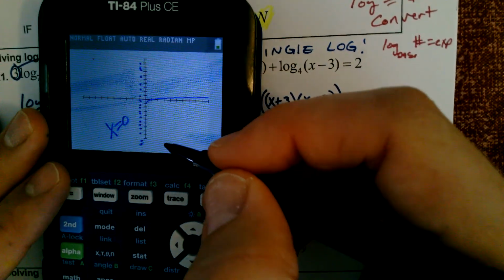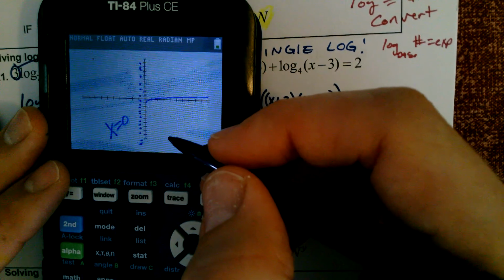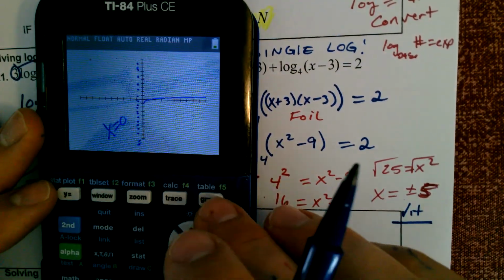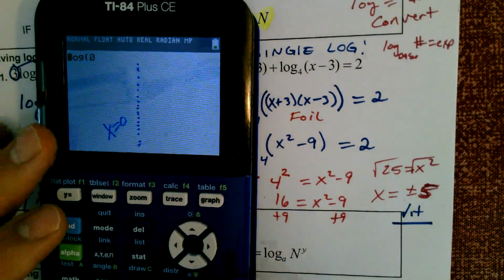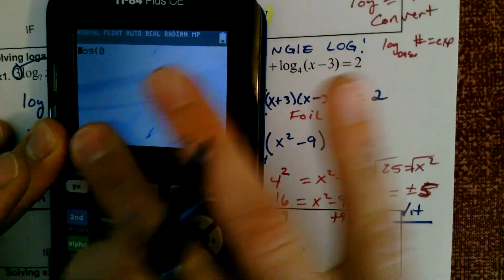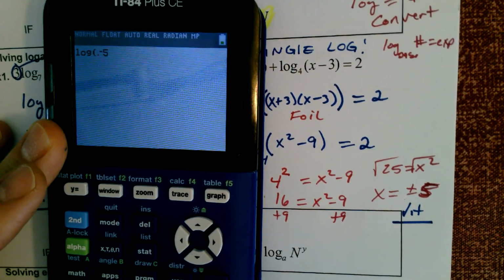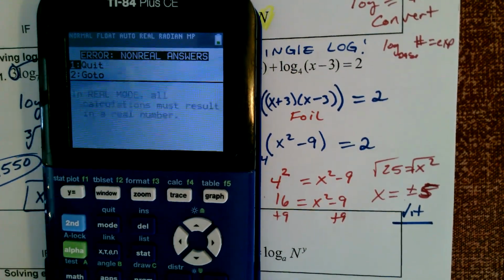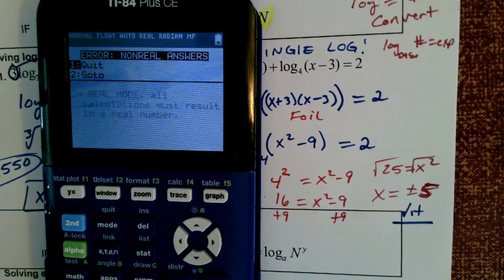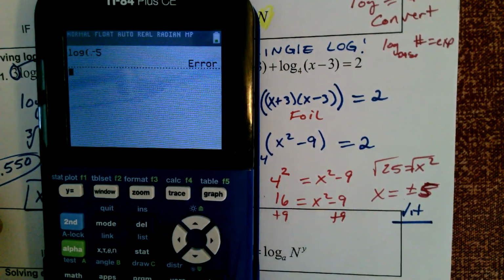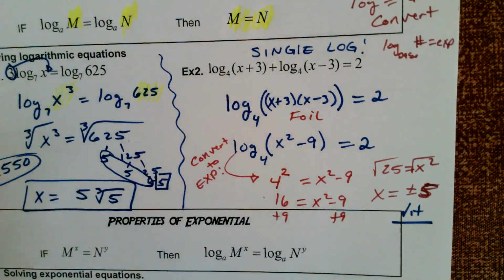So we talked about the domain of a log having to be greater than 0. It can't be 0, can't be negative. If I type in the log of 0, it's undefined. There's an asymptote there. If I do a log of negative 5, no real answer. So you cannot plug in negative numbers for logs. You can't plug in 0. It's got to be greater than 0.